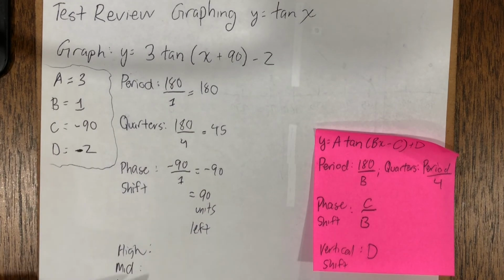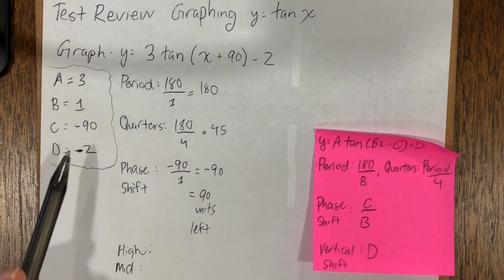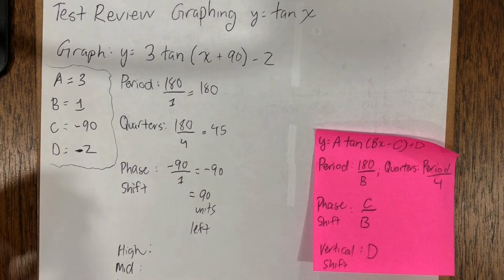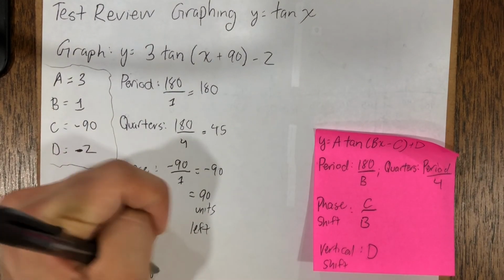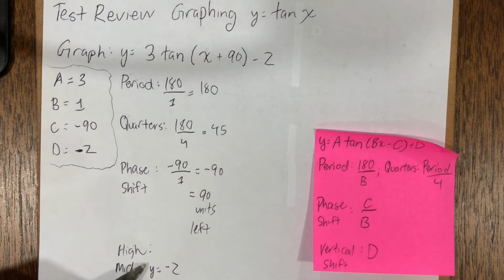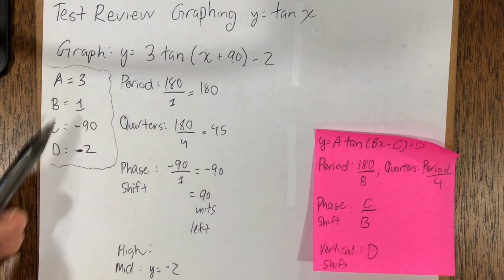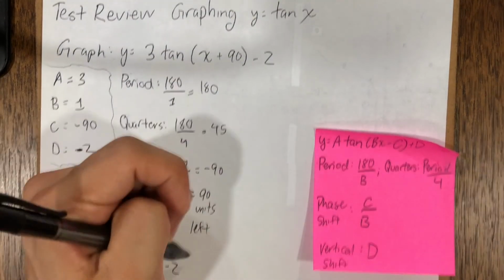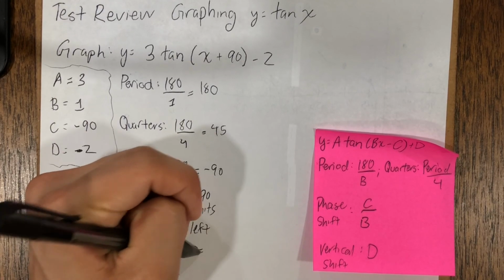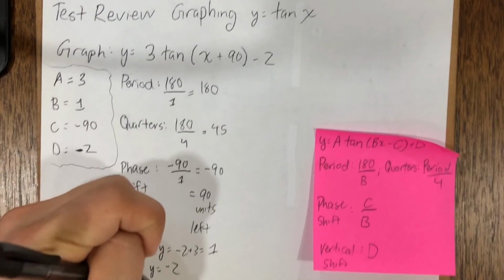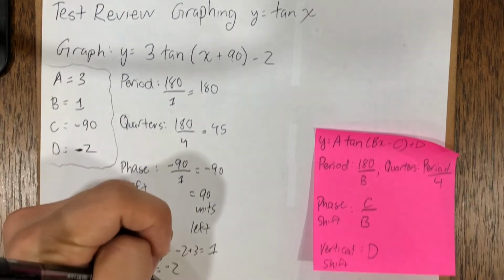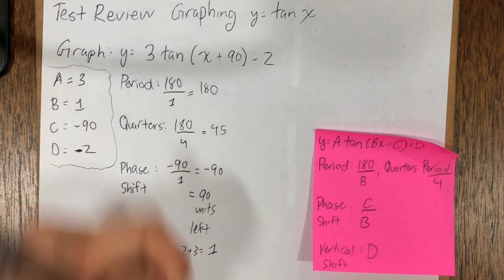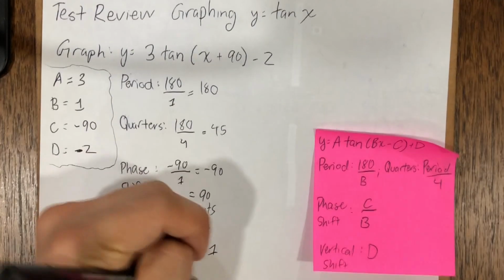The mid is always my value for D, which in this case is negative 2. So for my mid, we have y equals negative 2. For high, I take negative 2, add it to 3, and I get positive 1. And for the low, I have negative 2 minus 3, which gives me negative 5.